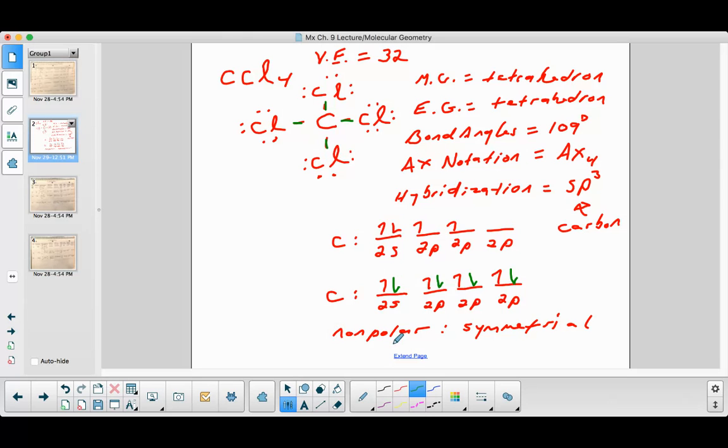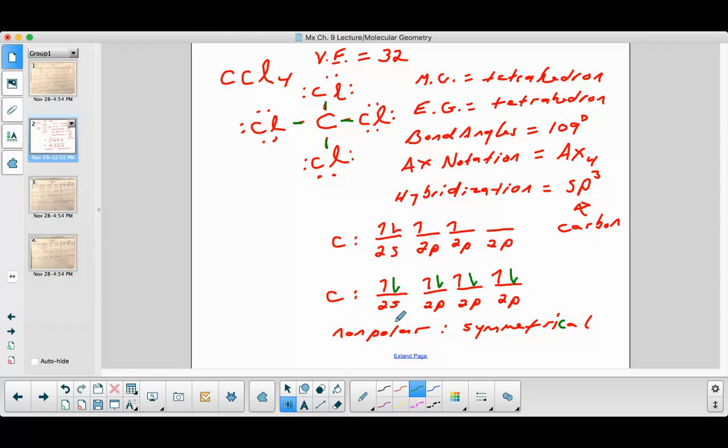Okay, so then we're also interested in whether or not the molecule is polar or nonpolar, not the bond. We talked about polar versus nonpolar bonds in chapter 8, but now we're talking about the whole molecule. And the way you look at this is if the molecule is symmetrical, I forgot a C there, is symmetrical, then it's considered nonpolar.